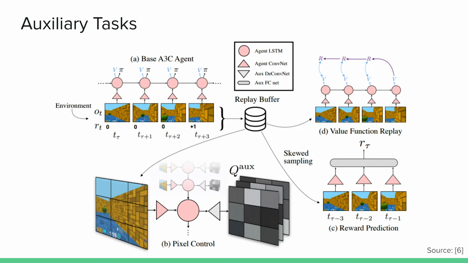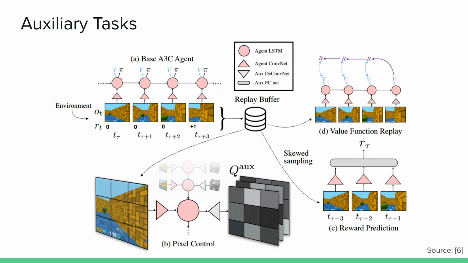And what they're doing is they're adding 3 additional rewards. The first would be B here, which is the so-called pixel control. The pixel control learns to maximize the change of pixel intensity. Why would you learn to change the pixel intensity? Well, whenever the pixel intensity changes somewhere, so you take a turn, you are moving.